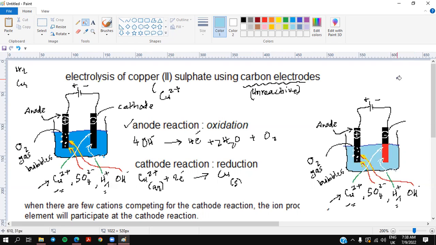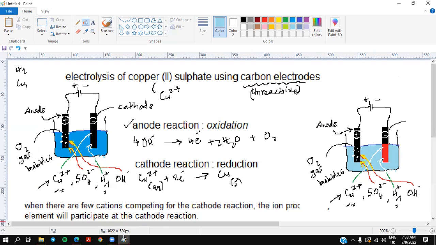And the color of the solution goes from blue to light blue, or we can say the color of the solution fades. This is everything about electrolysis of copper 2 sulphate using carbon electrodes. I hope you have understood.